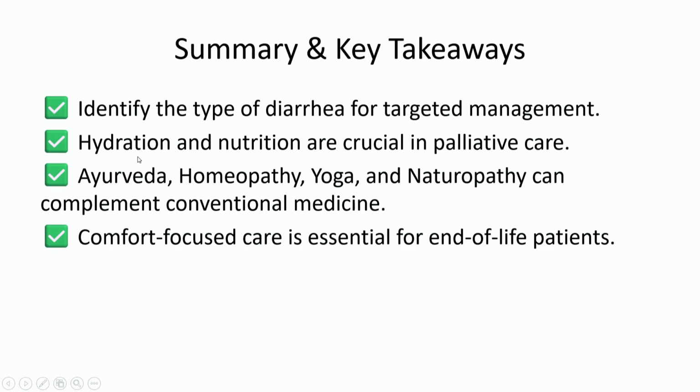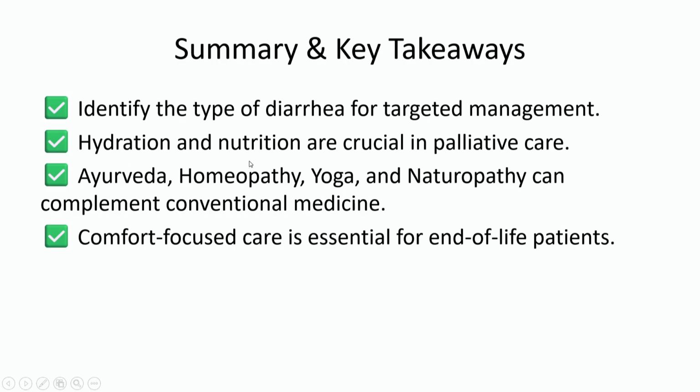The take-home message. Number one, identify the type of diarrhea for targeted management. I told you there are six types of diarrhea, so identify which type he has, and depending on that, plan the management. Hydration and nutrition are crucial in palliative care. He should not get dehydrated, and he should not get overloaded with hydration.